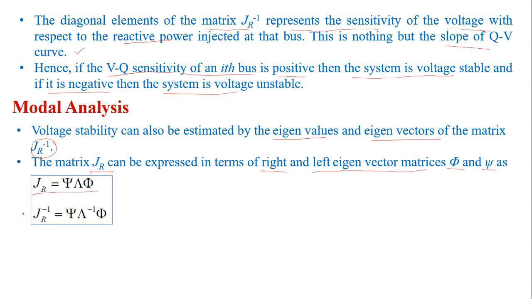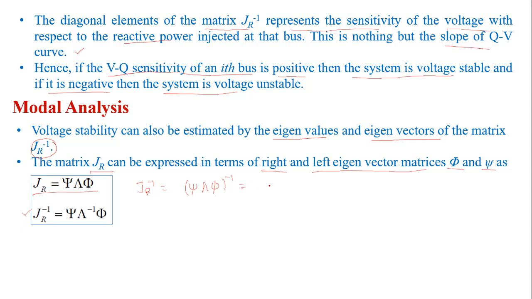So if I take the JR inverse, I get the same equation except with the modal matrix inverse. I can find it as psi lambda phi inverse.